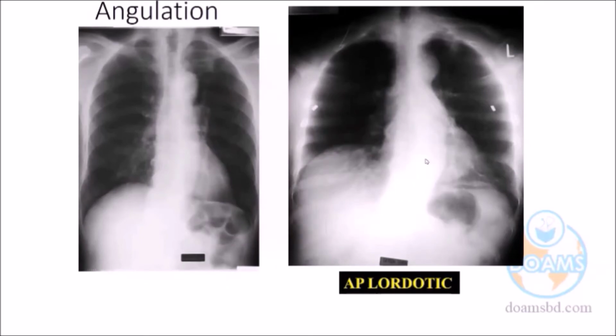Here there is some problem of the spine, and the AP lordotic view, it is called lordotic view, like a lord standing. You see the clavicle is in a standard position in the upper part. The apex is not much visible, but here the apex is more visible. This is the clavicle. Sometimes, for the benefit of information, we have to advise an AP lordotic view.